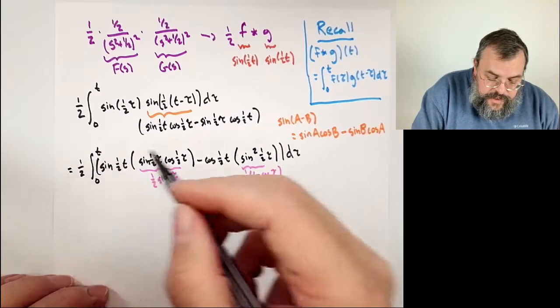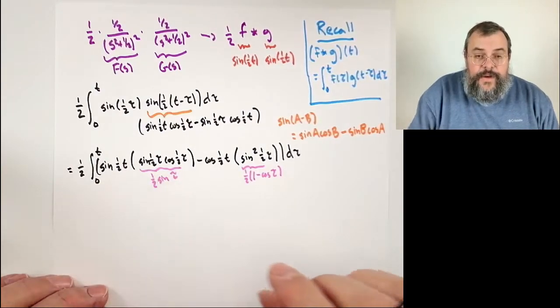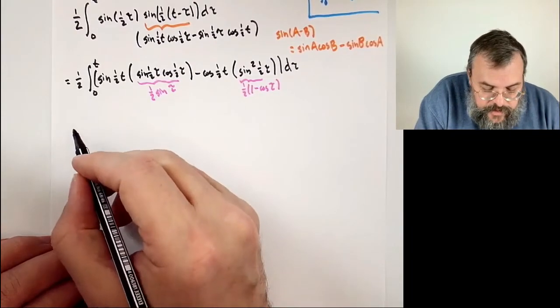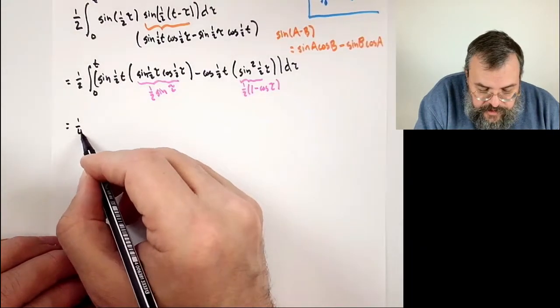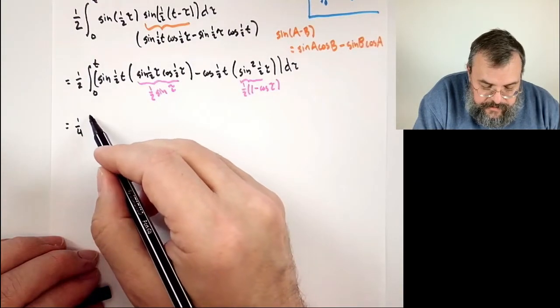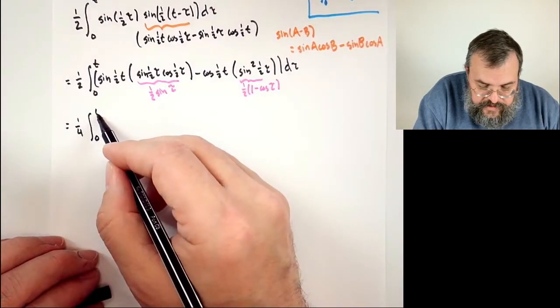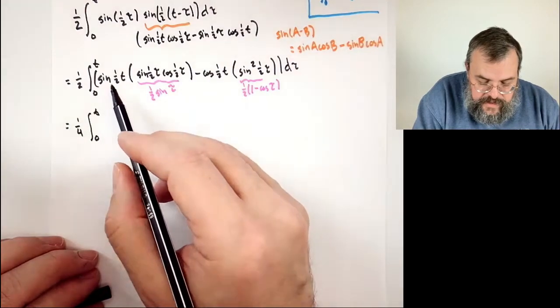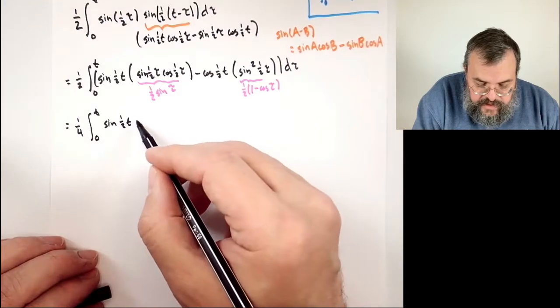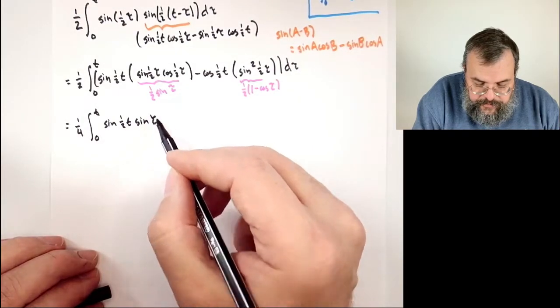Now, what can we do? Well, we can pull out the halves all the way out in the front, so we'll do that. So we have a 1/4, so pull out the half, and then we have the integral, 0 to t, and we have sine 1/2 t sine tau.